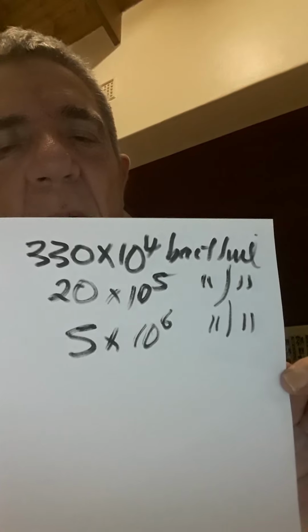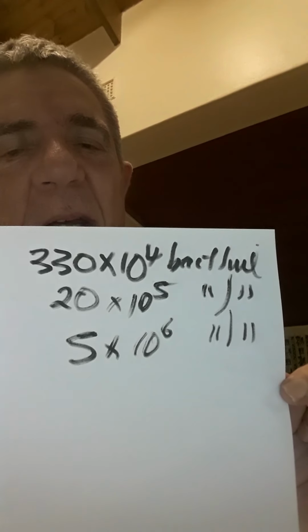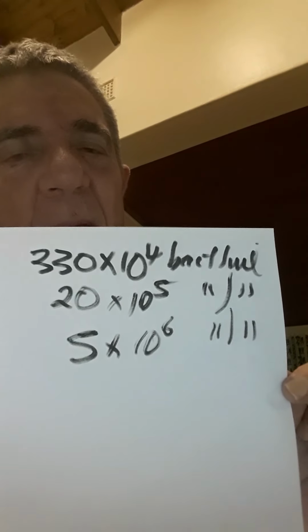How do I do that? 330 times 10 to the power 4 bacteria per mole, 20 times 10 to the power 5 bacteria per mole, and the last one is 5 times 10 to the power 6 bacteria per mole. How can I calculate the average?